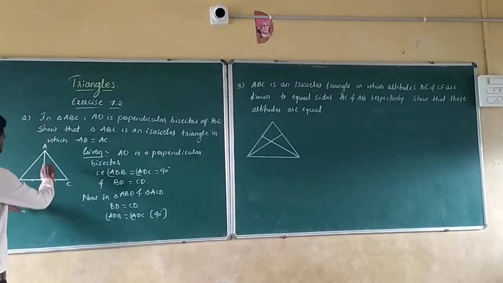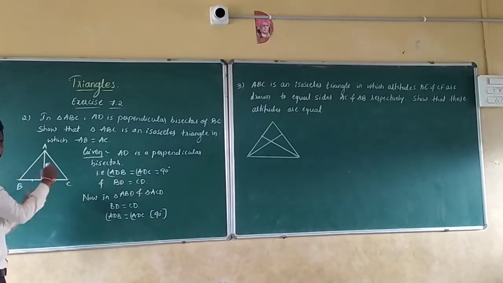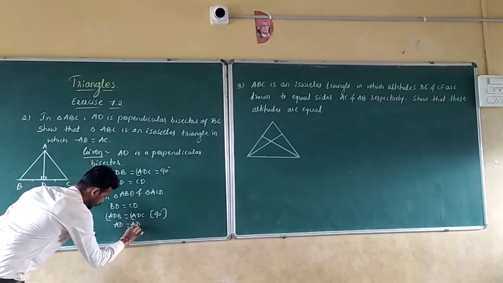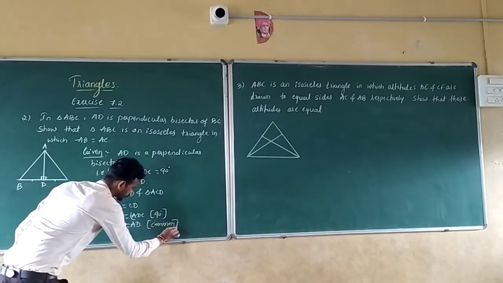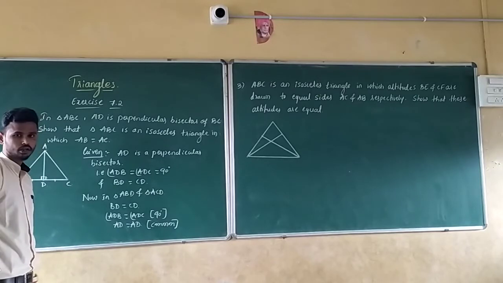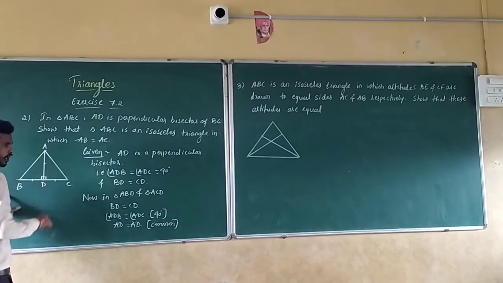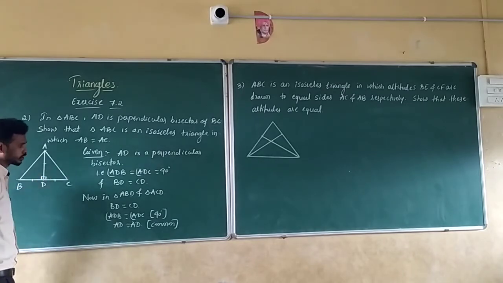And next, AD is equal to AD. This is common for both the triangles. Therefore, AD is equal to AD, common. By which congruence rule will these two become congruent? That is by the SAS congruence rule. These two triangles will become congruent.